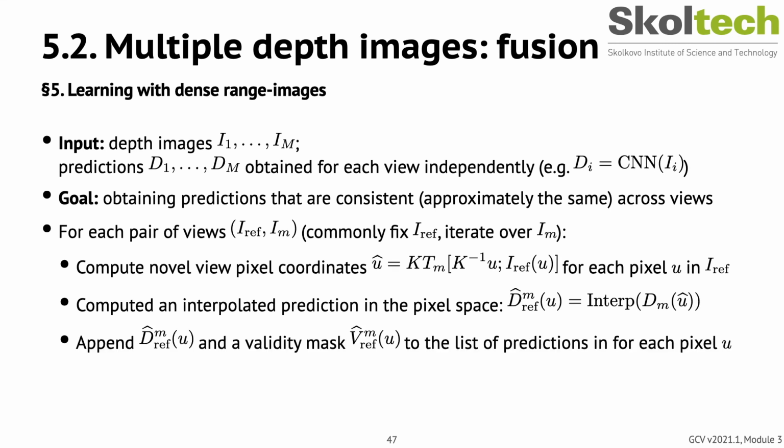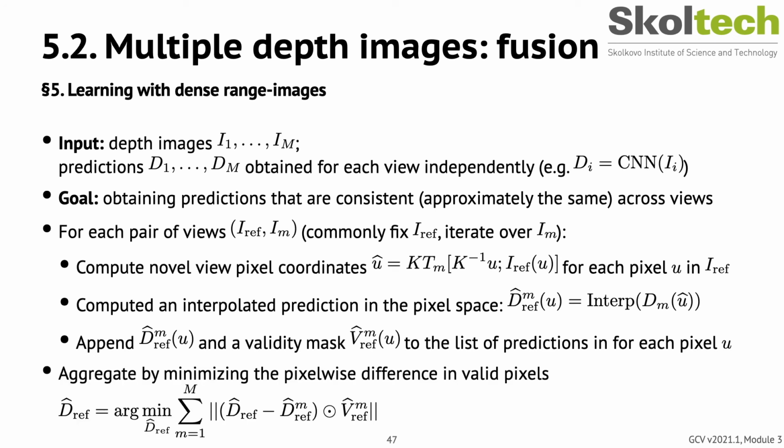And then we append the interpolated prediction value and the validity mask to the list of predictions for each pixel U. What we do next is we aggregate by minimizing the pixel-wise difference in valid pixels.